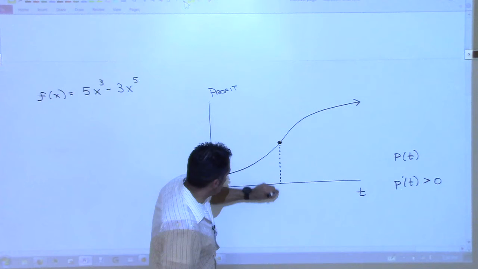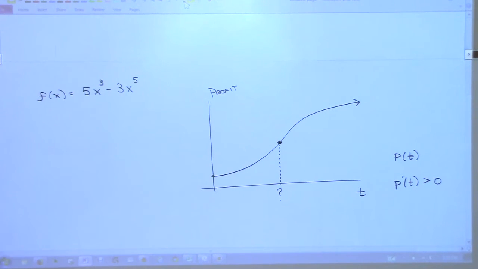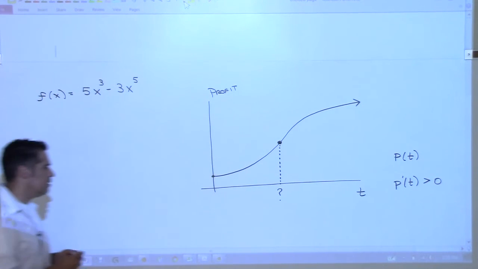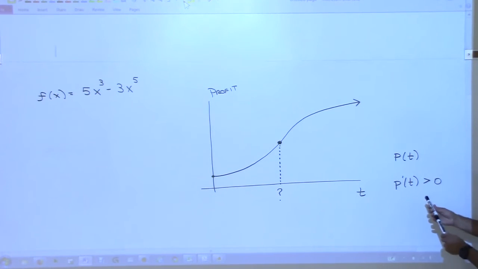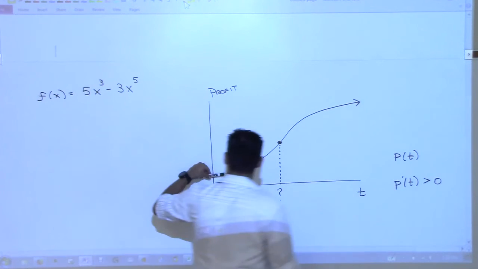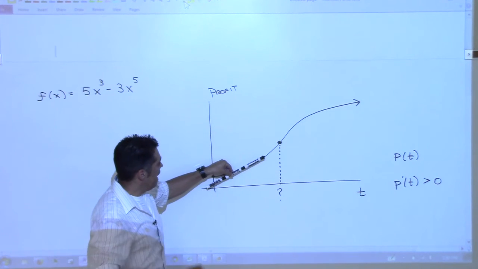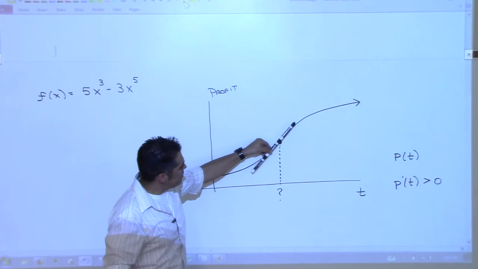Why is that an important point for us? What's that? It's slowing down. So let's take a look at the tangent line. In the beginning, look at the slope here. We are increasing, and the slope is positive. And then we get to this point.